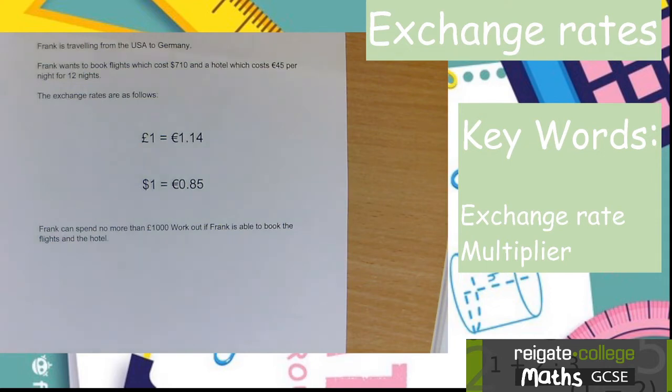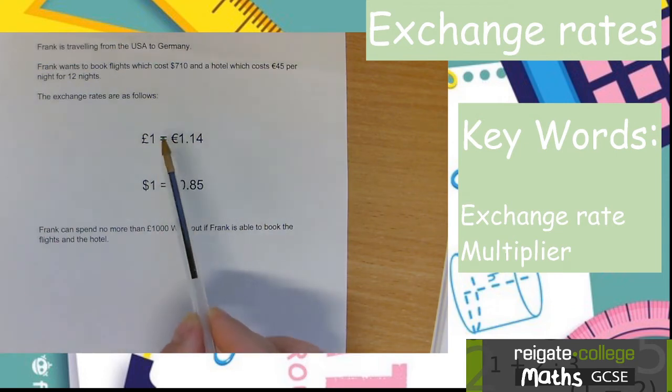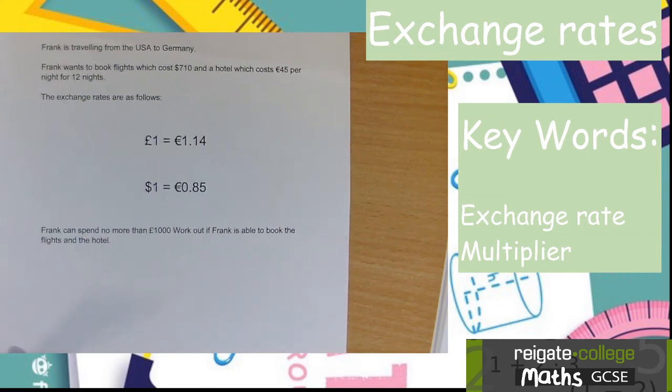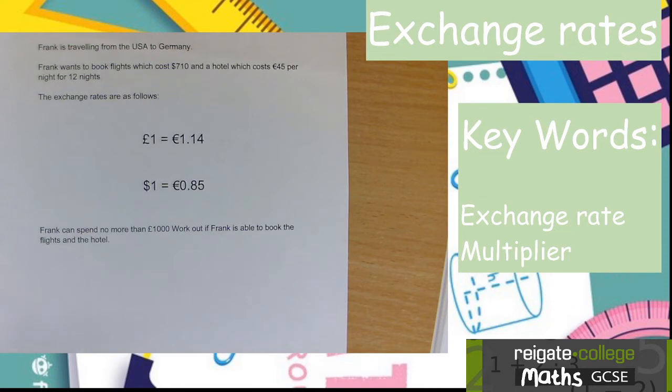So the difficulty we experience here is having two conversion rates. One that deals with converting dollars to euros, that's this one here, and the second one converting pounds to euros. What we don't have is a conversion rate that goes straight from dollars to pounds.